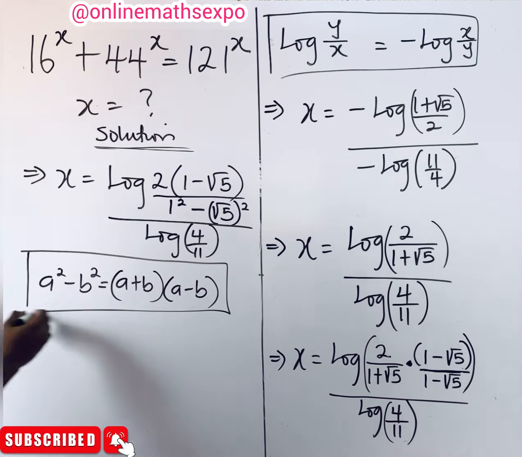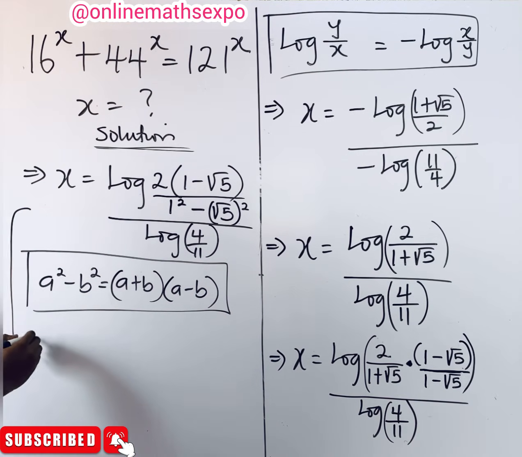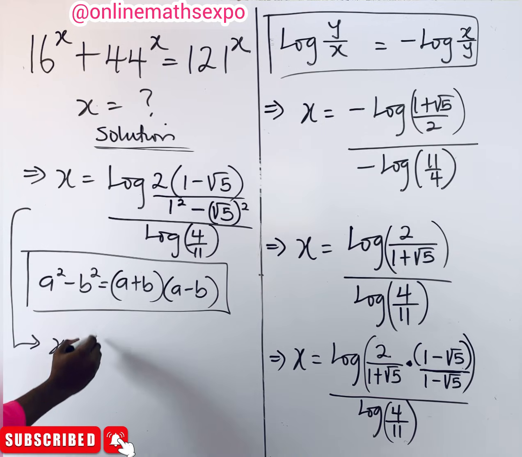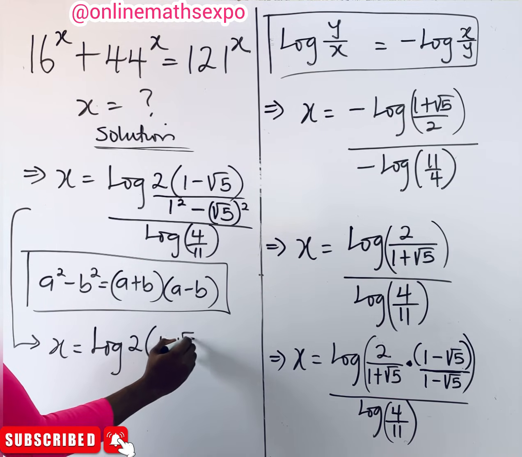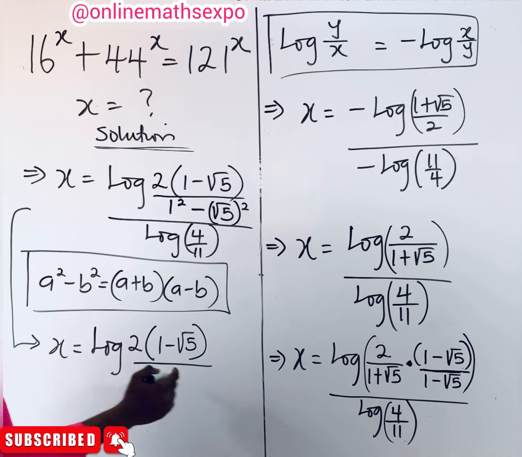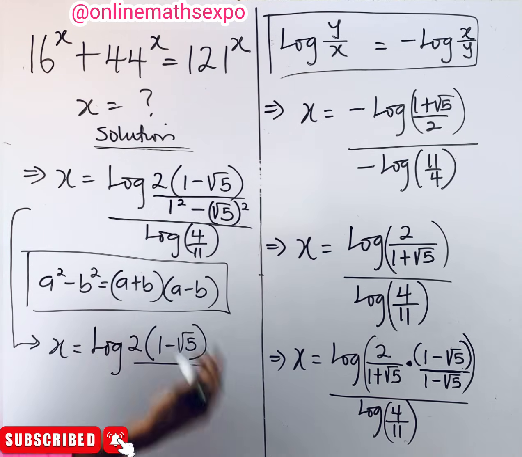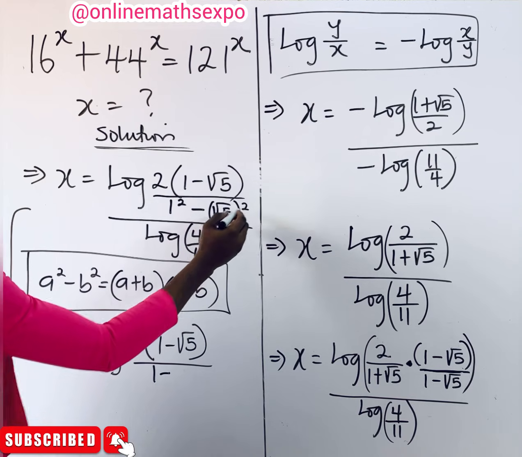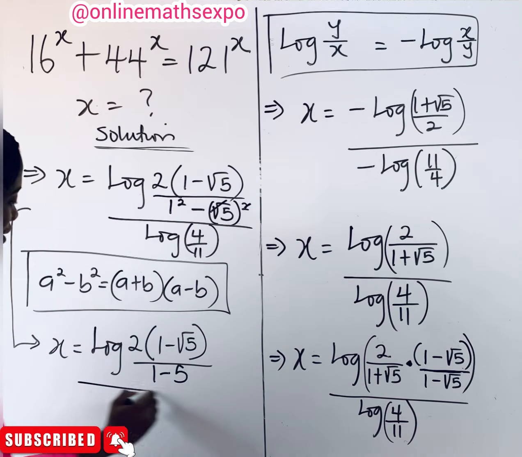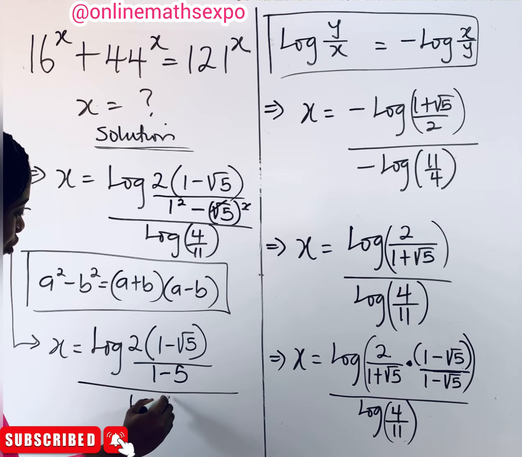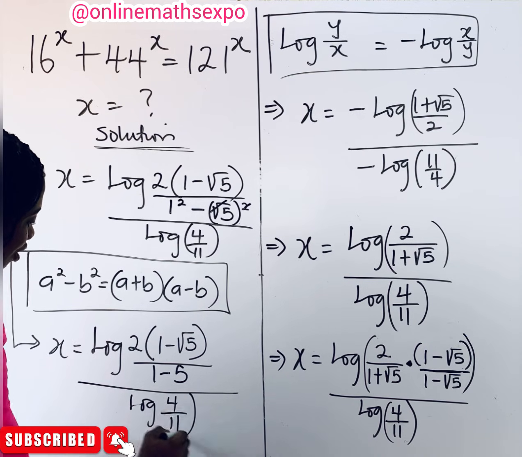Interesting. So what do we do? From this point, we are going to now have x is equal to log of 2 into 1 minus root 5 divided by 1 squared is 1 times 1, which is 1. Then this square takes off the square root, we have 5, okay? Then divided by log of 4 over 11.